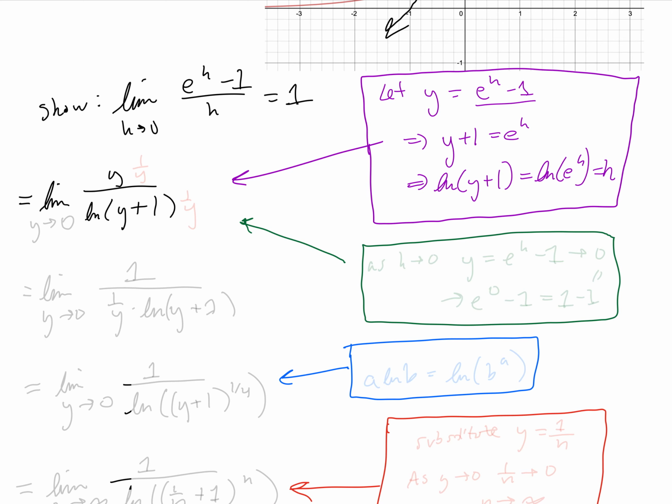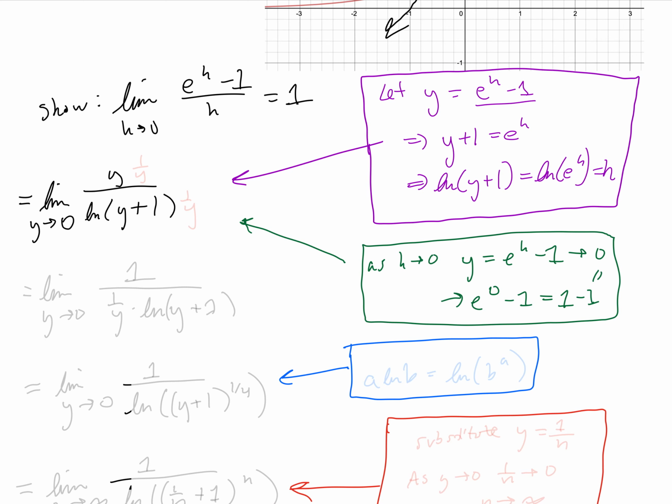So observe that as h goes to 0, then y, which is equal to e^h - 1, goes to 0 as well, because it is going towards e^0 - 1, and e^0 is 1, minus 1, which is 0. So this is equivalent to the limit as y approaches 0 of that quantity.